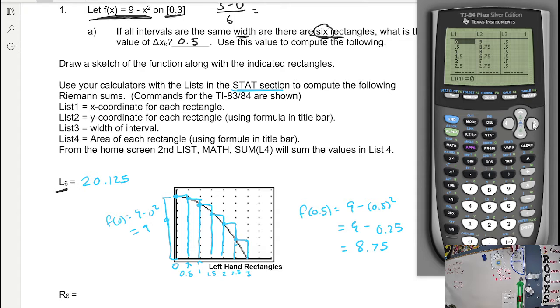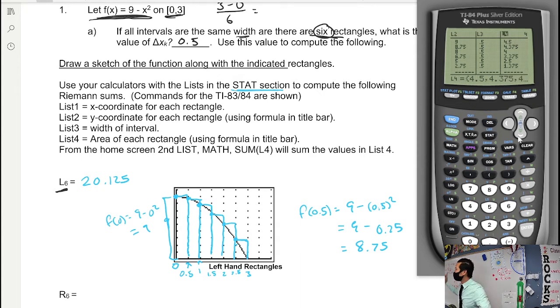Let's go to L2. 9, 8.75, 8, 6.75, 5, 2.75. Good. L3, good. What do you got for L4? 9.5, 9.25. Okay.